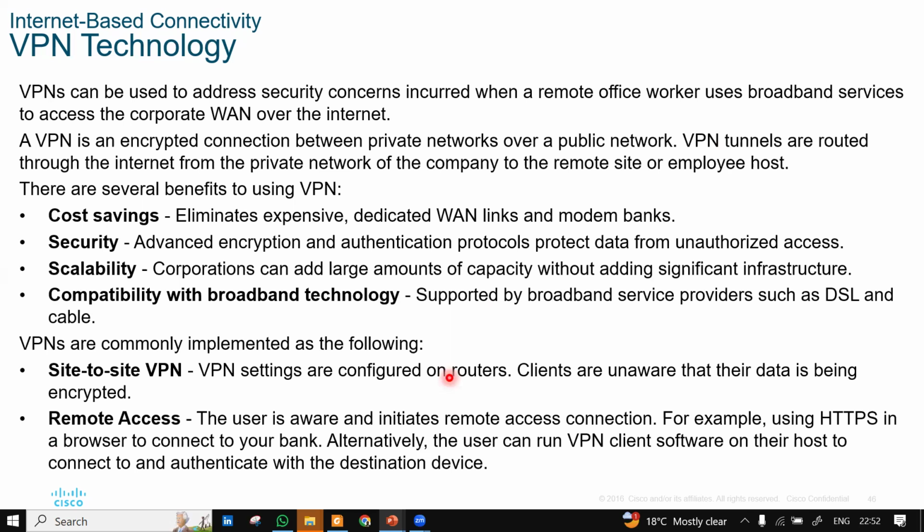Typical questions are just like that. They might ask you, we have an employee who is on a holiday and wants to connect to the HQ. What type of VPN are they using? They will be using remote access.